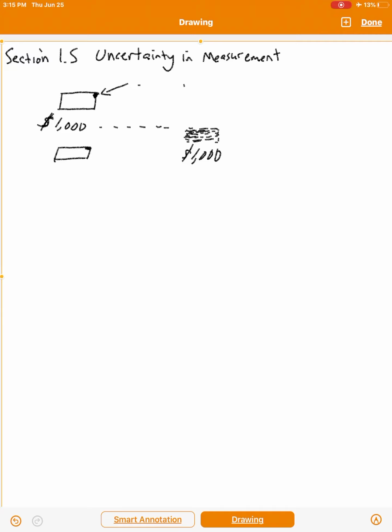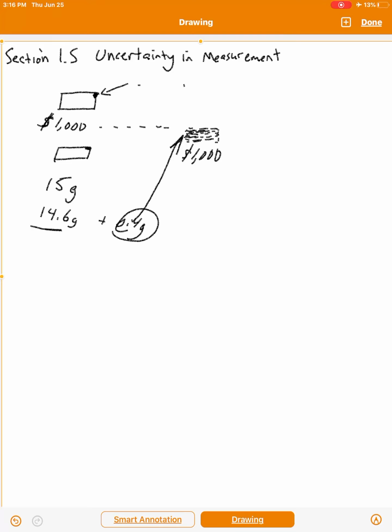So if that balance says, look, it's 15 grams, I might say, hey, wait a minute. How do I know it's not really 14.6 grams and you stole 0.4 grams to make your little block over here? I want you to use a better scale.